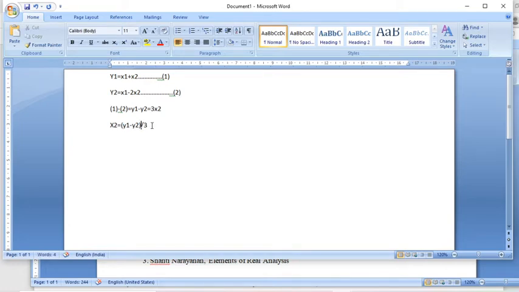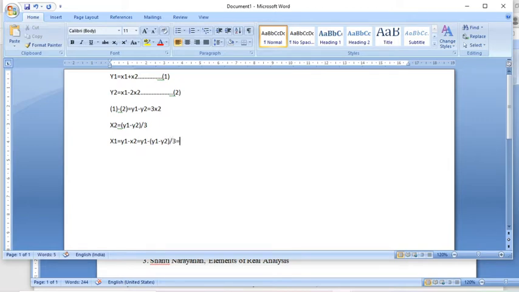Okay, we can substitute the value of x2 equal to y1 minus y2 by 3 in equation number 1, so that we obtain x1 equal to y1 minus x2, that is y1 minus y1 minus y2 by 3.